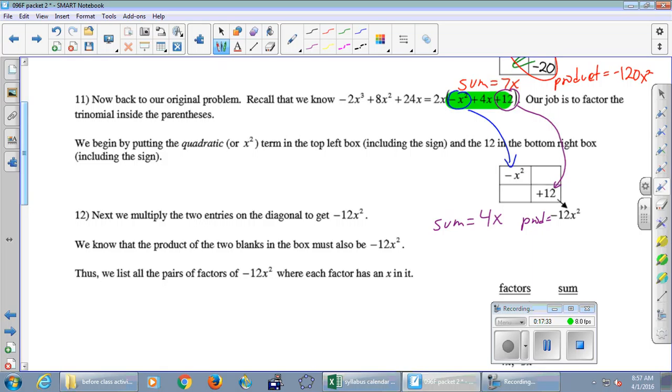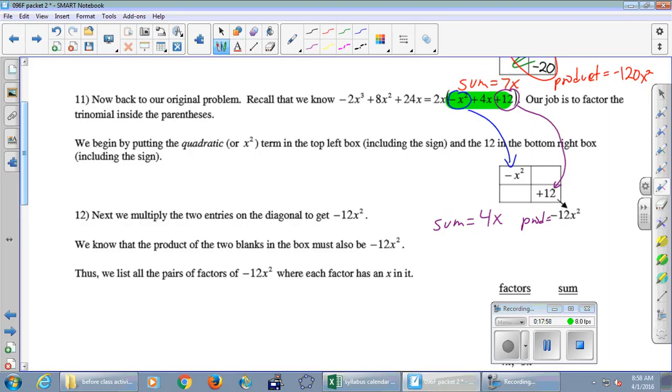So here's the hard part of this process. It's mechanical to this point. The hard part is finding two things to put in those blank rectangles whose sum is 4x and whose product is negative 12x squared. That's where we got to be detectives. Some of you might be able to tell what those two things are, multiplying to negative 12x squared and adding to 4x.